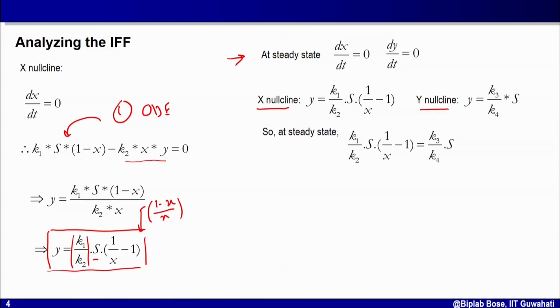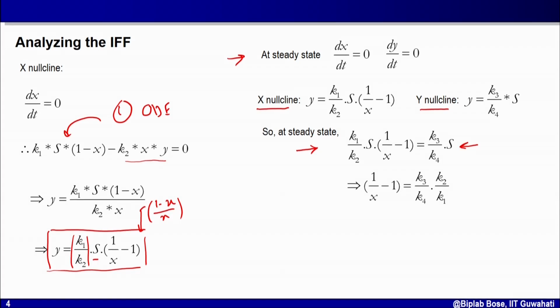So I can write k1 by k2 into s into 1 by x minus 1 is equal to k3 by k4 into s. This is coming from the fact that x and y nullclines are intersecting, so I am putting the y value for both of them. So now I can algebraically separate out x.